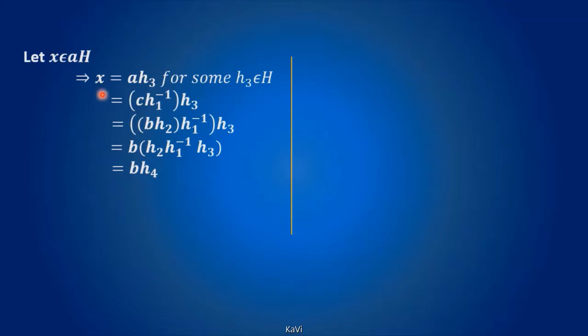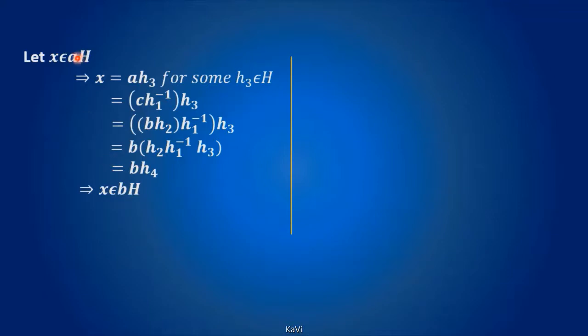So we have taken an element X in AH, written it as AH3, and we have obtained X equal to BH4, which means X belongs to BH.